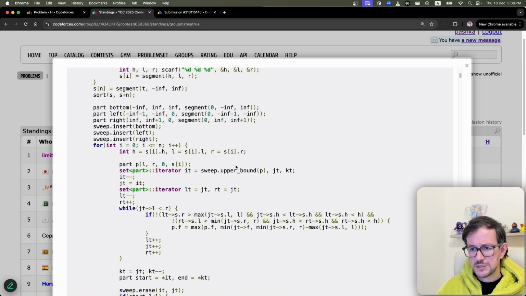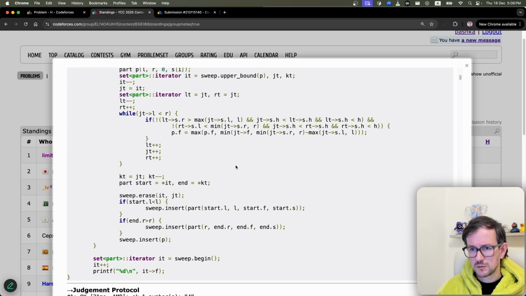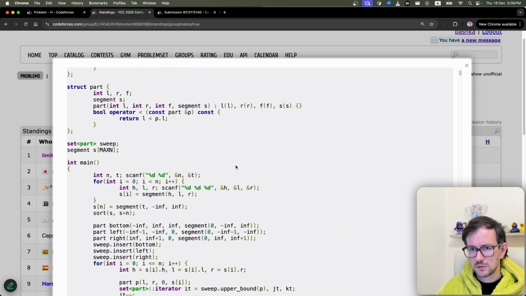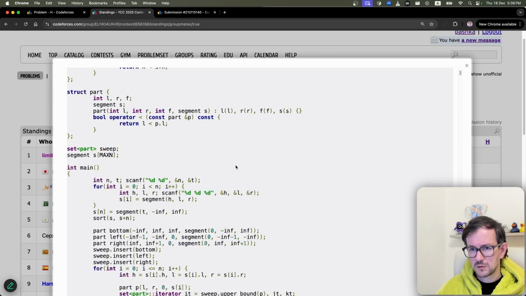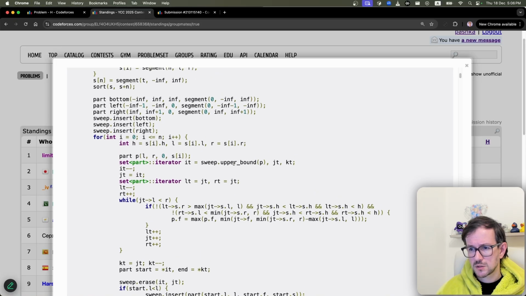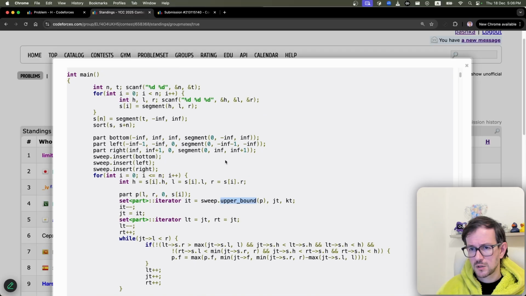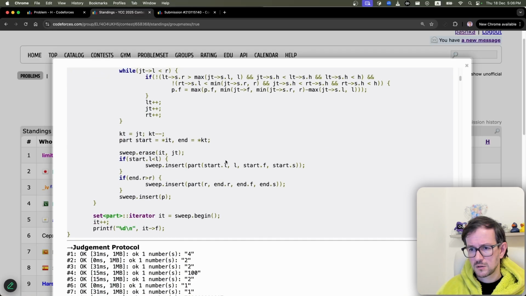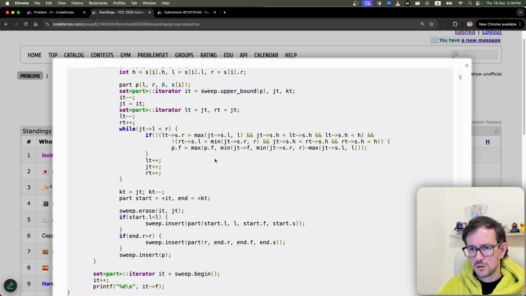Okay, it doesn't look much easier than mine, but no segment trees. Okay, you just use sets, yes? I can't read this part.